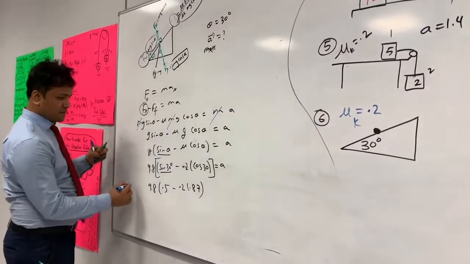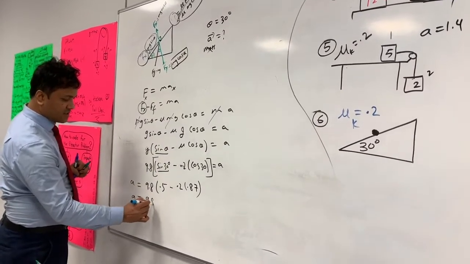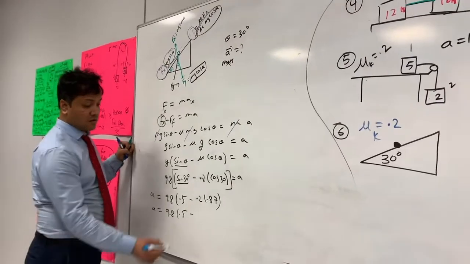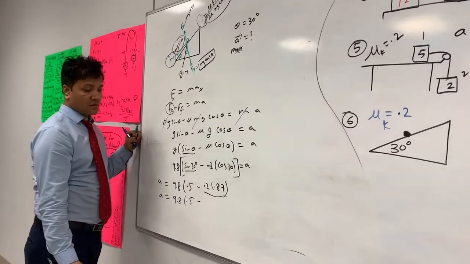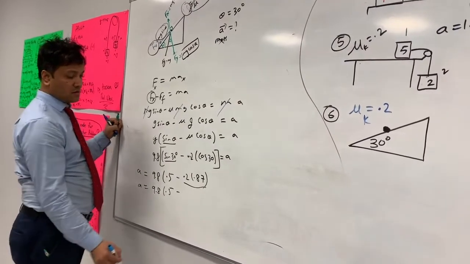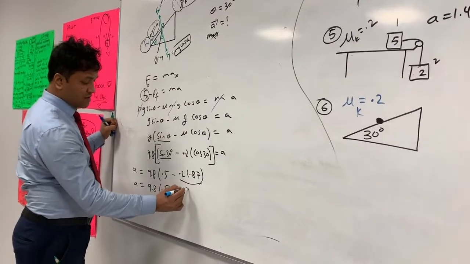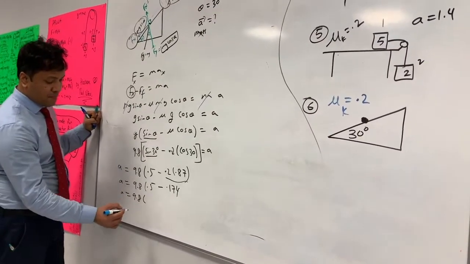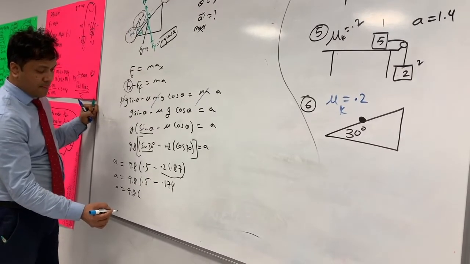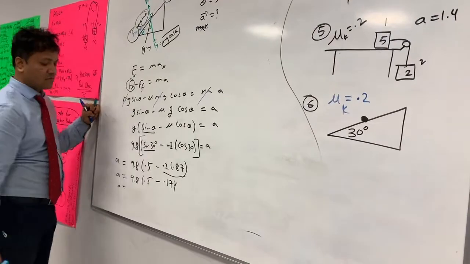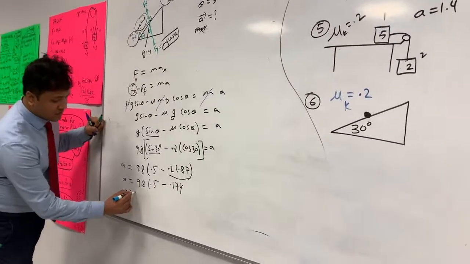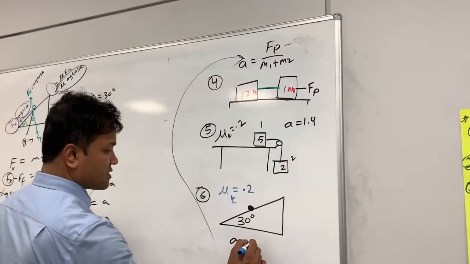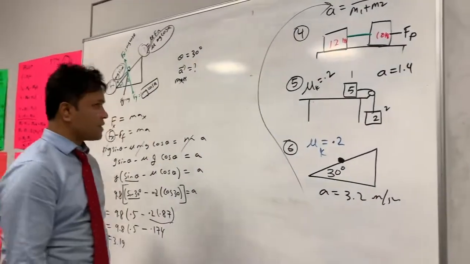So 0.2 times 0.87 is 0.174. So acceleration is 9.8 times (0.5 minus 0.174), which is 3.19, or 3.2 meters per second squared. That's how you find the acceleration of this system.